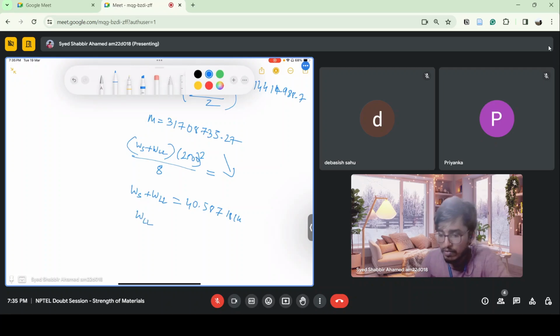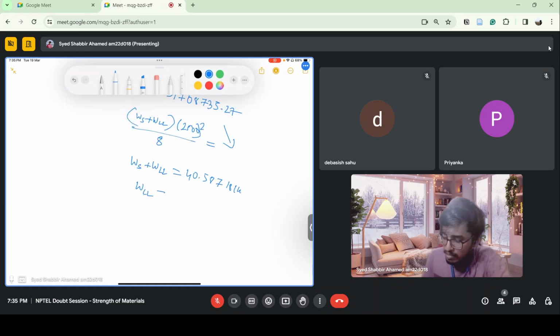So removing the self weight, I'll get the maximum live load which can be applied on this rectangular cross section beam, in kilonewton per meter.